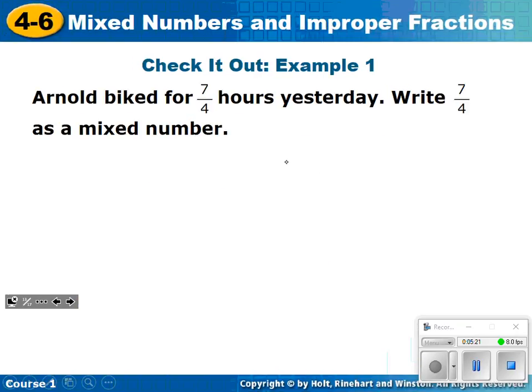Arnold. He biked for 7/4 hours yesterday. Write 7/4 as a mixed number. How many times does 4 go into 7? 1 time. If it goes in there 1 time, how many are left? 3/4.